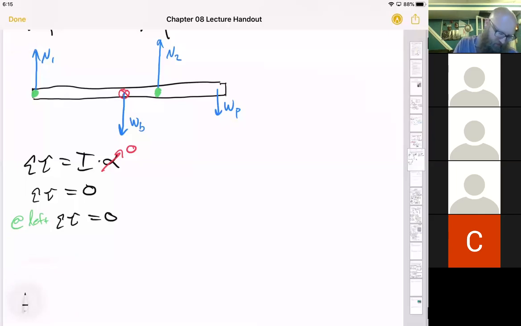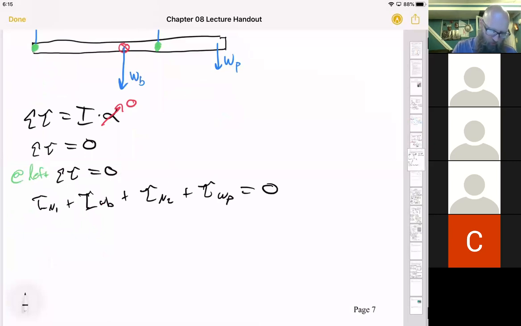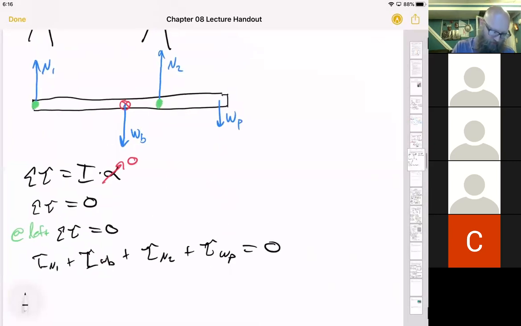So I can say the torque due to normal 1 plus the torque due to the weight of the board plus the torque due to normal 2 plus the torque due to the weight of the paint can all equals 0. And again, this is true about every axis, but now I'm going to fill in torques about the left-hand axis.